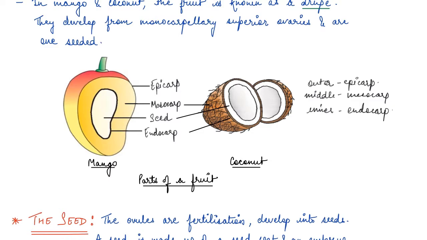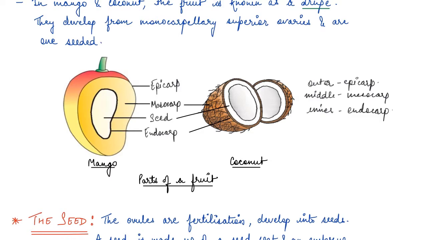right? So in mango and coconut, the fruit is known as a drupe, right? And why so? They develop from monocarpillary superior ovaries and are one seeded. So there is just one seed. Now in mango, the pericarp is very well differentiated into an outer thin epicarp.